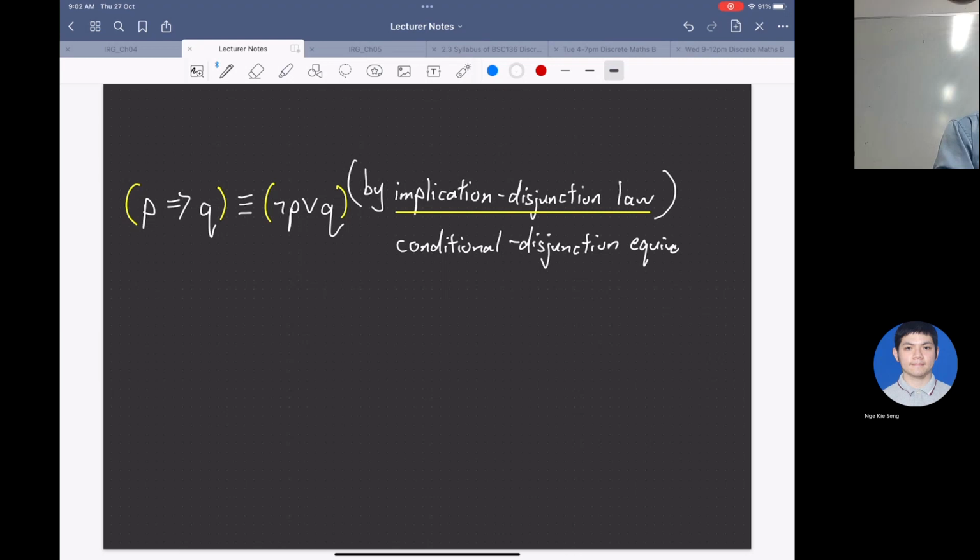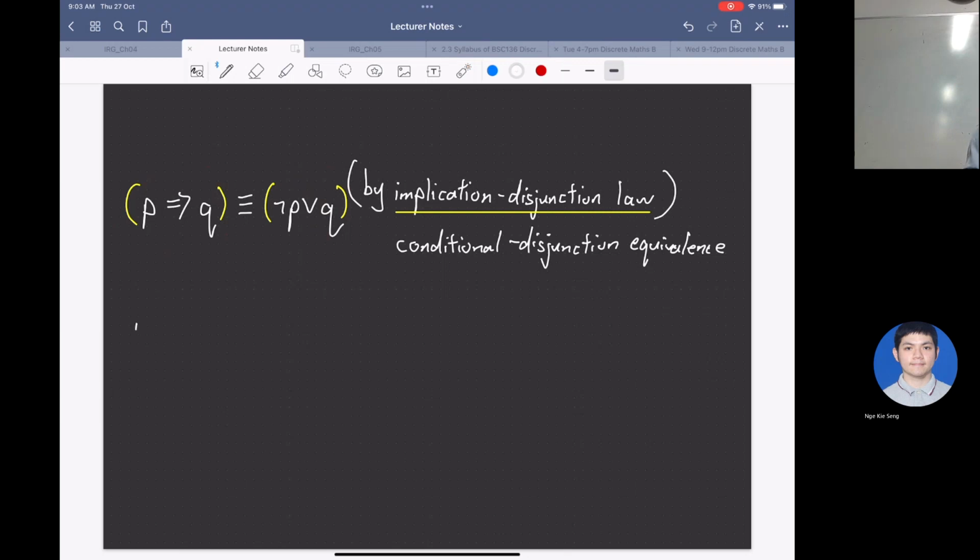First is about relating the conditional statement with the compound proposition that involves disjunction.